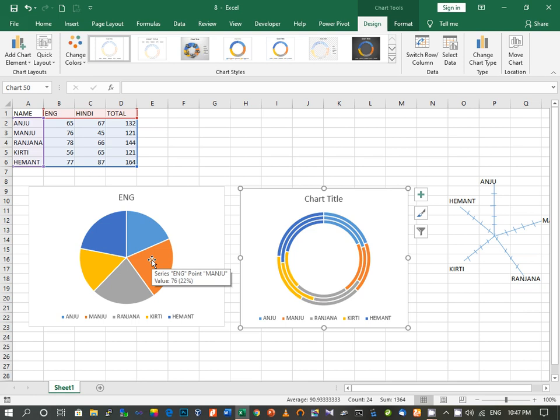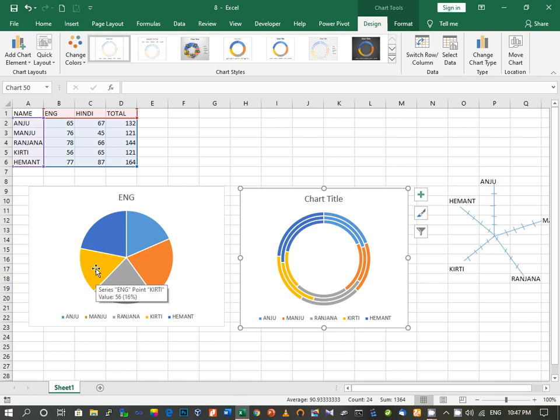That is why both occupy the same percent of the graph. Then this 78, Ranjana got 78. Obviously this is also the highest marks. So here 76, 78, 77 and 78, these all are occupying 22% of the graph, because there is very slight difference, so it can't be represented.